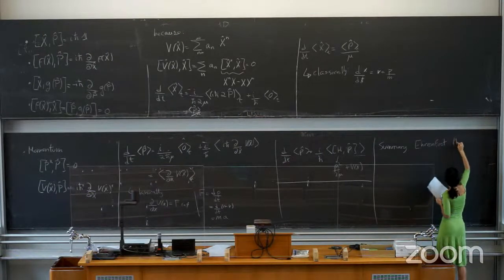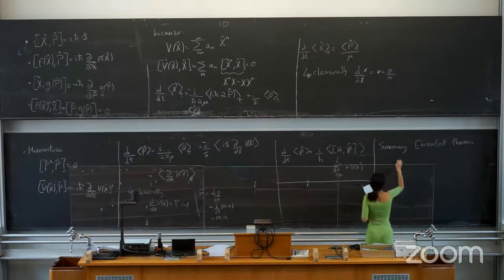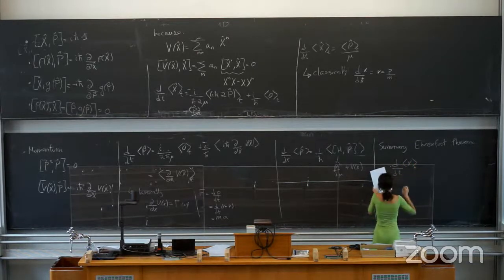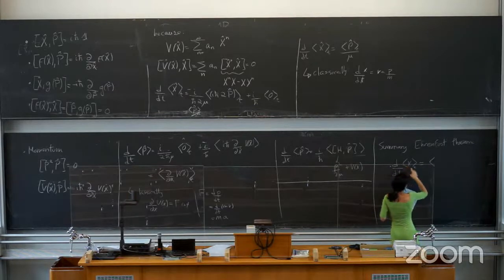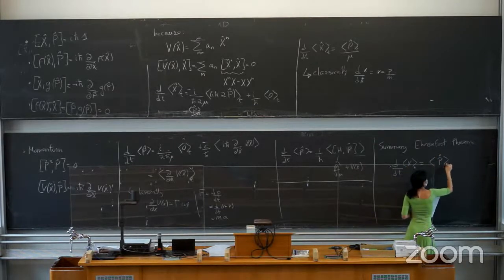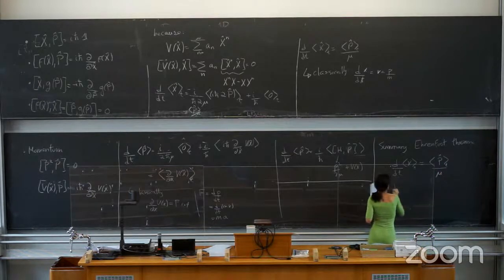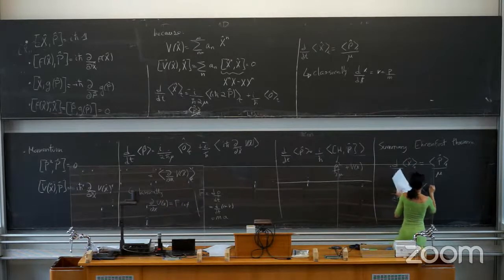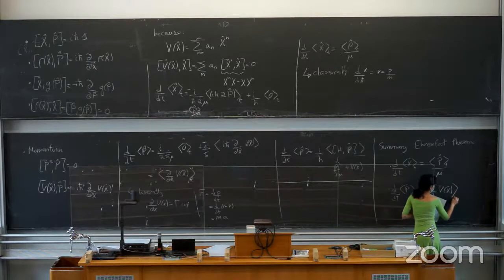It tells us that the change in position on average is given by momentum on average, and the change in momentum is given by the force, which is a derivative of the potential, on average.